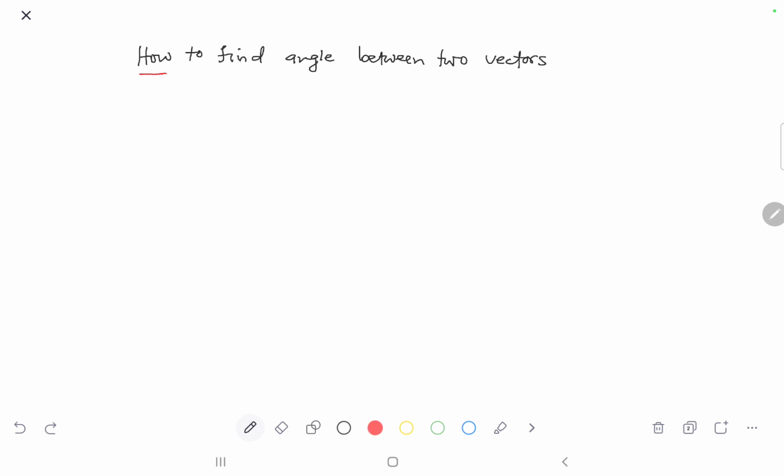If we have two vectors, meaning directed line segments, then how do we find the angle between those two directed line segments? Let me draw two vectors. For example, let's say this is a vector, and here we have the b vector.